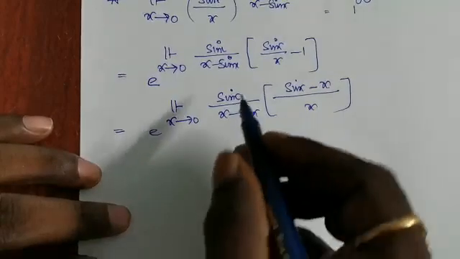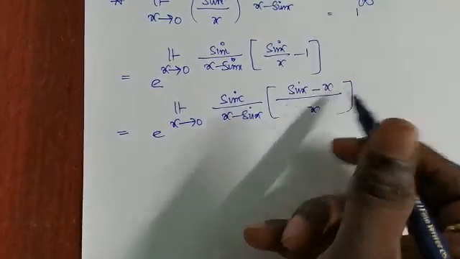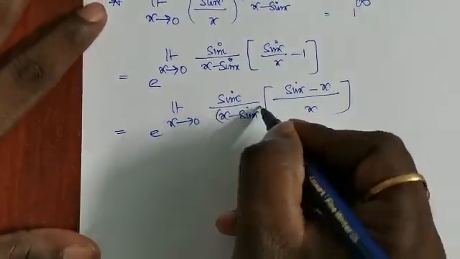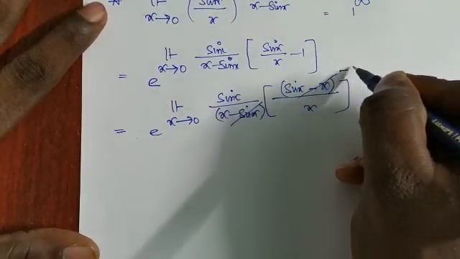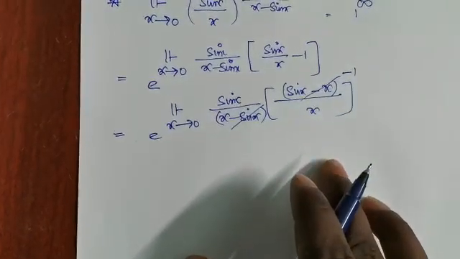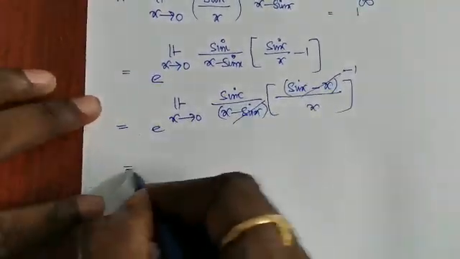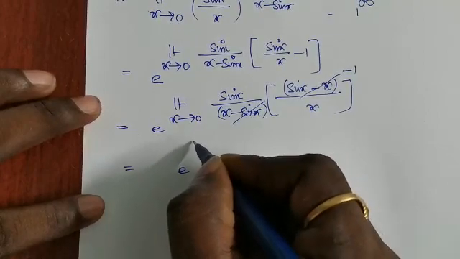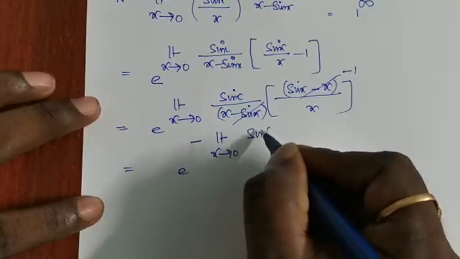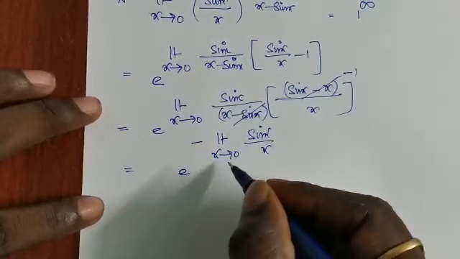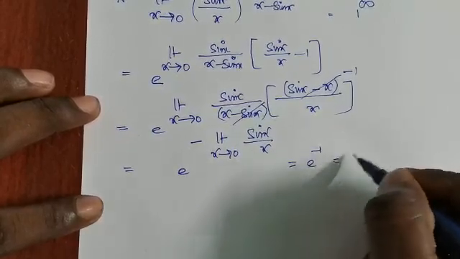Now here in the denominator we have x minus sin x, and in the numerator we have sin x minus x. So x minus sin x and sin x minus x get cancelled, leaving minus 1 times. So e power, taking minus outside, limit x tends to 0 sin x by x. Limit x tends to 0 sin x by x is what? 1. So e power minus 1, that is 1 by e.